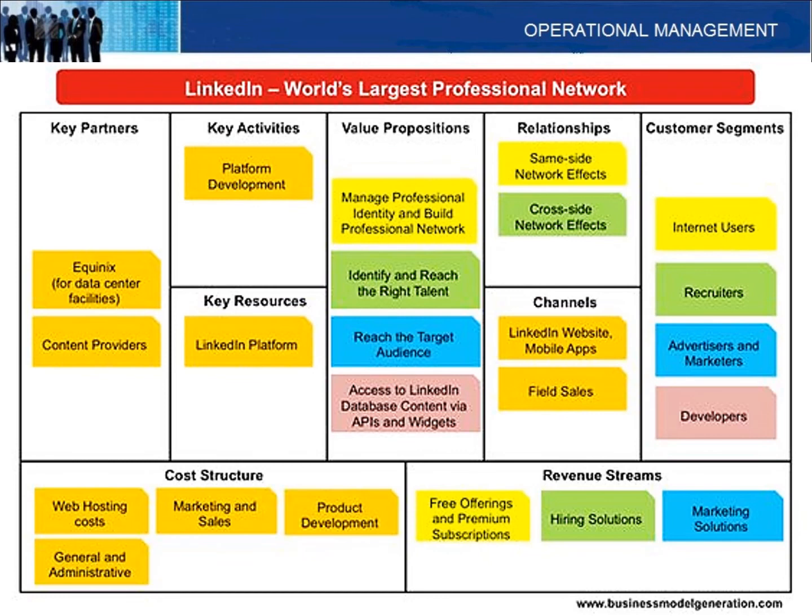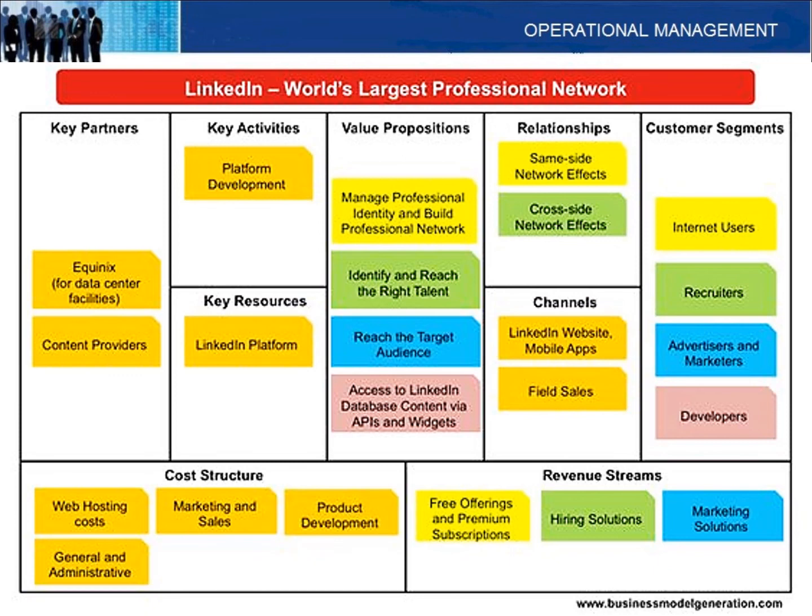Now I also include the BMC, the business model canvas, here. This is the link. I believe this is the same canvas that you made for your own business. I just want to highlight the cost structure and the revenue streams. For LinkedIn, the cost structure has web hosting cost, marketing and sales, product development, and general administrative.